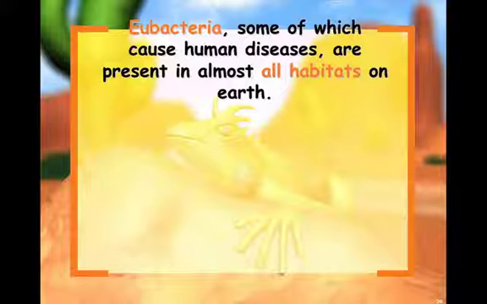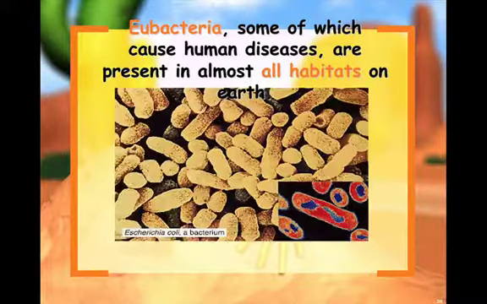Eubacteria, some of which cause human diseases, are present in almost all habitats on Earth. So these are the most common bacteria, or when we think of bacteria, this is the domain that they will fall under. E. coli, here's an example of a bacteria.